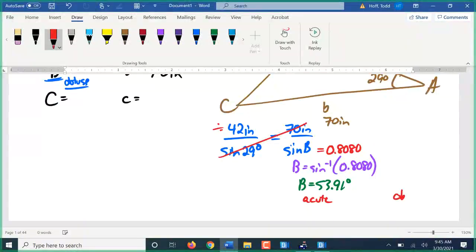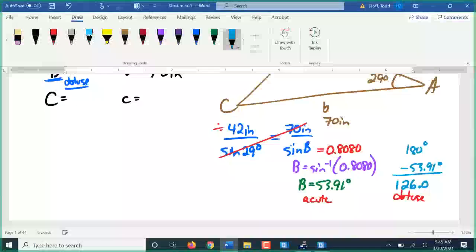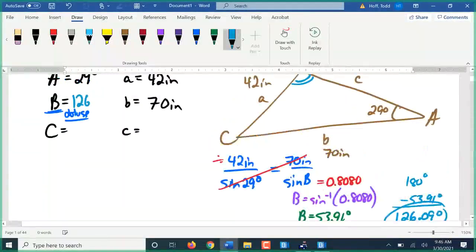And the obtuse possibility, we would take that angle 53.91 and subtract it from 180 degrees. It's the supplement. That's going to give us 126.09 degrees as the obtuse possibility. So angle B is really 126.09 degrees.